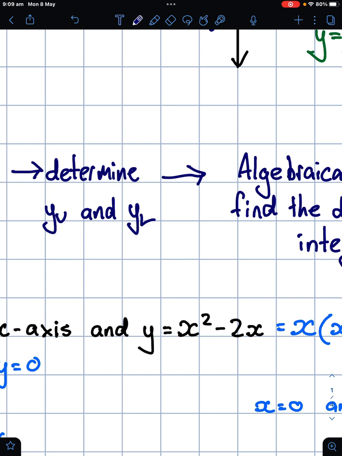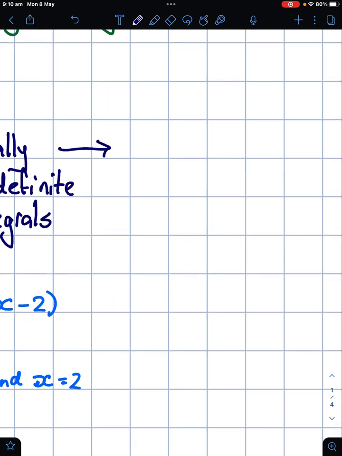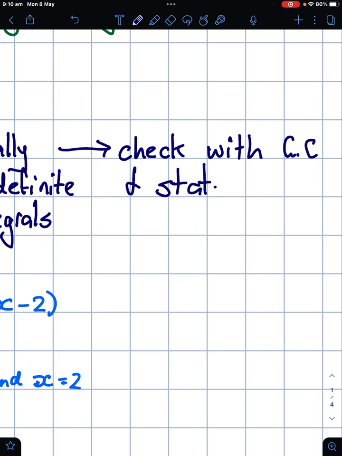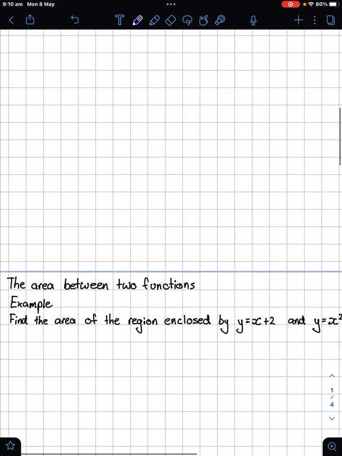Algebraically find the definite integral, and then we check with graphics calculator, and state areas with units. I wanted to do one beforehand, so we've got those steps now. So let's jump to the next one here.